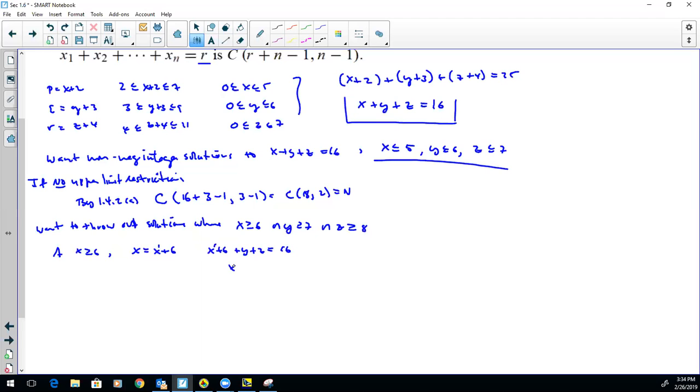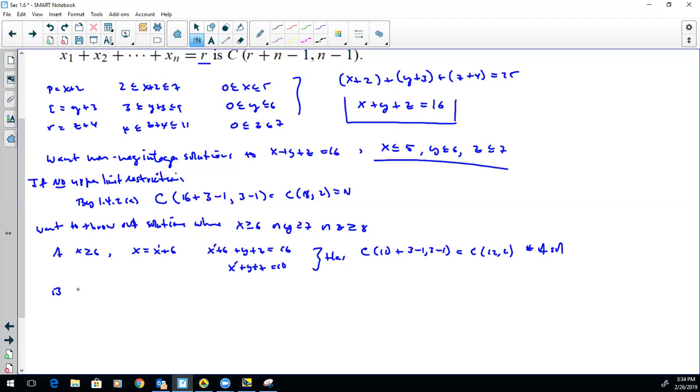So you'd be looking for solutions x prime plus y plus z equals 10. So this has C of 10, this is my r, plus still 3 variables, so this is C of 12, 2 number of solutions.